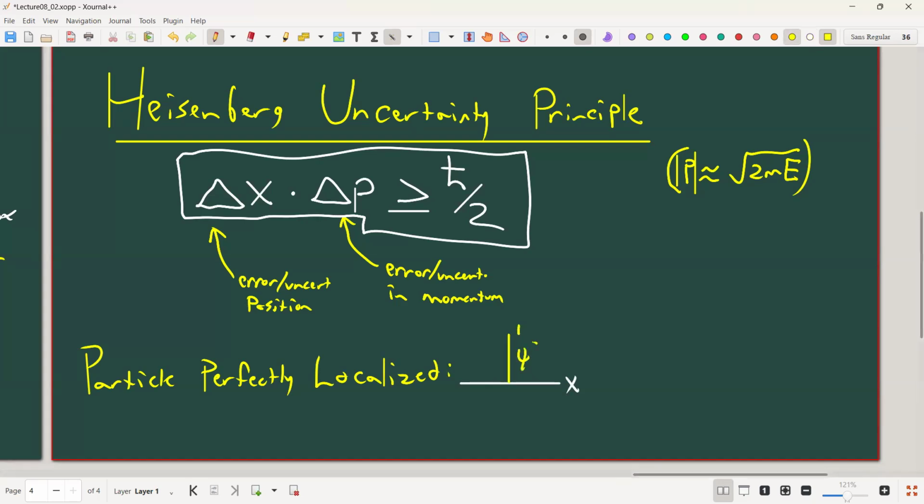This is psi squared. It's just a point in space, 0 everywhere else. What this means is that if I know exactly where my particle is, I know nothing about its momentum. It's completely delocalized, which means it can be moving in any direction, with any energy.